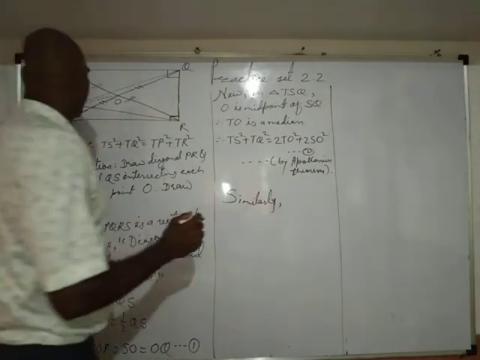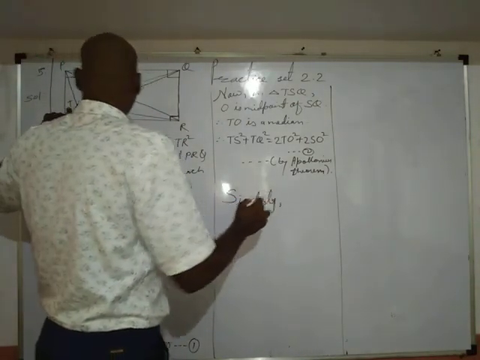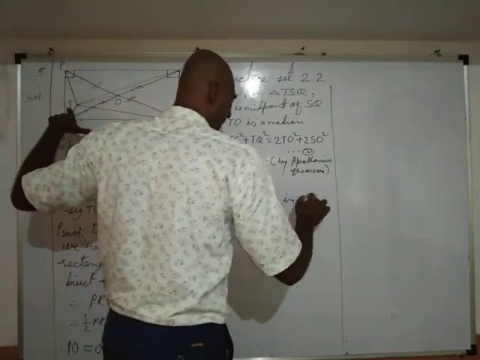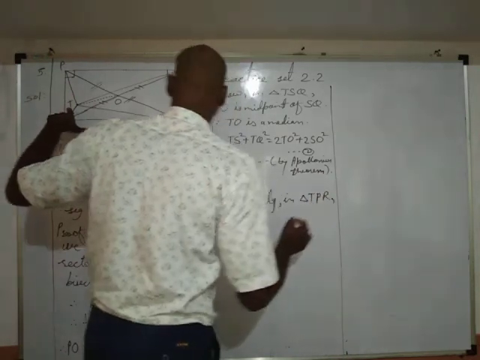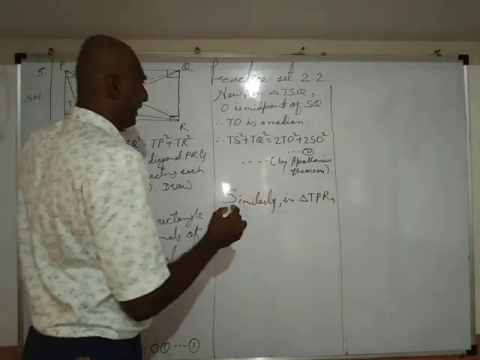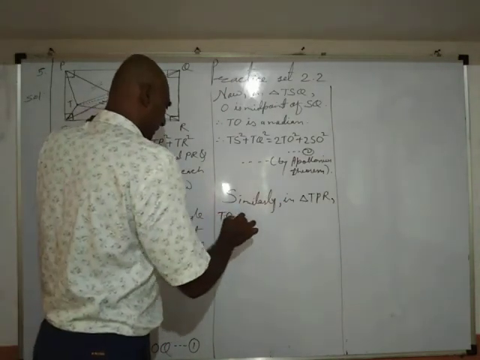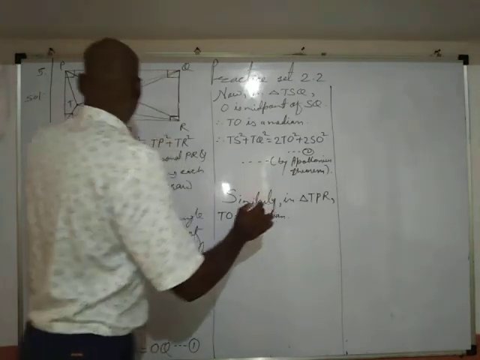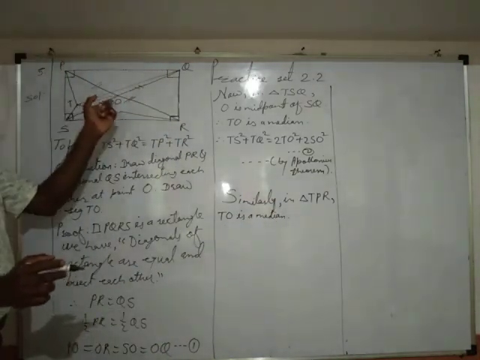That's why let's talk about triangle TPR. Similarly, in triangle TPR, TO is a median because O is a midpoint of PR also.